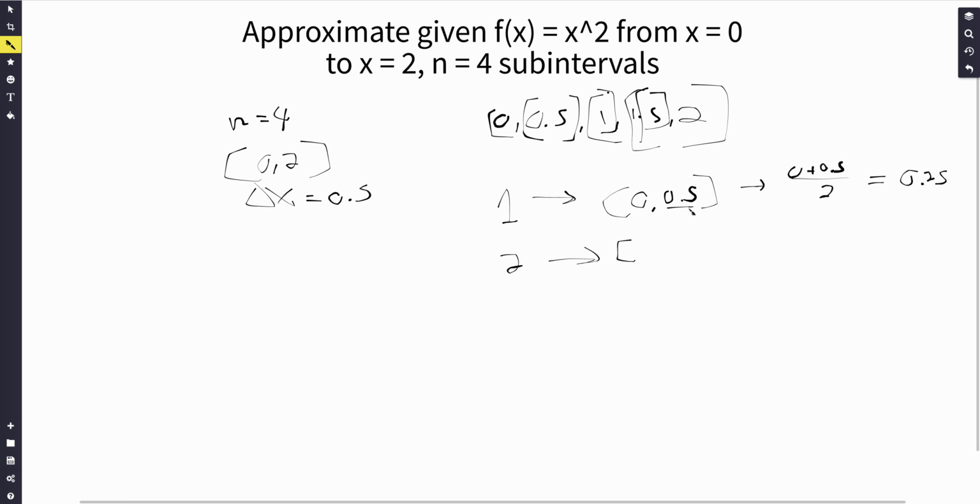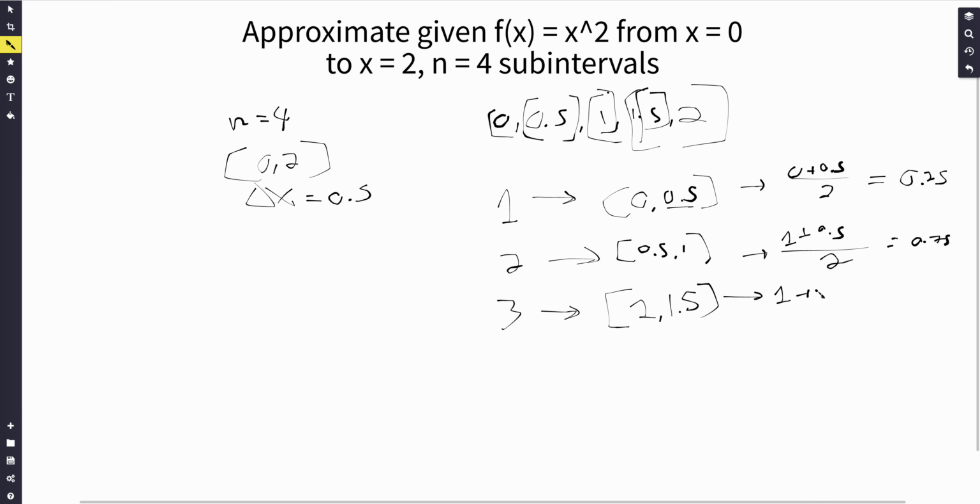I do it again for the second one. You keep this value because it's the next in line: 0.5, 1. Then you do 1 plus 0.5 divided by 2, which gives you 0.75. Hopefully by now you see the pattern. So this would be 1, 1.5, and then 1 plus 1.5 divided by 2.